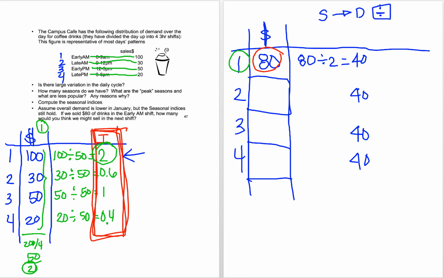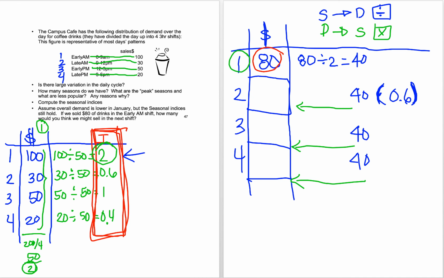Now that we have the 40, we need to include seasonality back into our forecast. So this time we'll be going this way. And when you go from deseasonalized data to seasonalized data, we multiply. So 40 times 0.6, and I need to start using periods for multiplication because I obviously get confused.